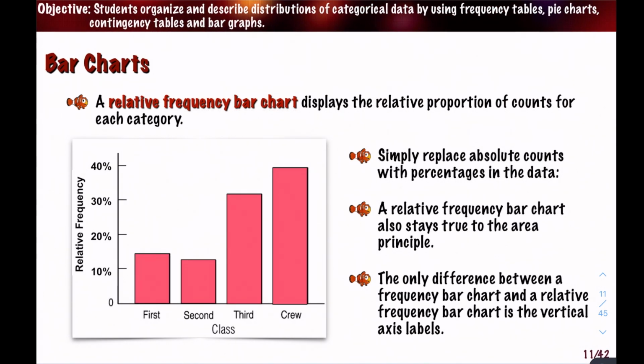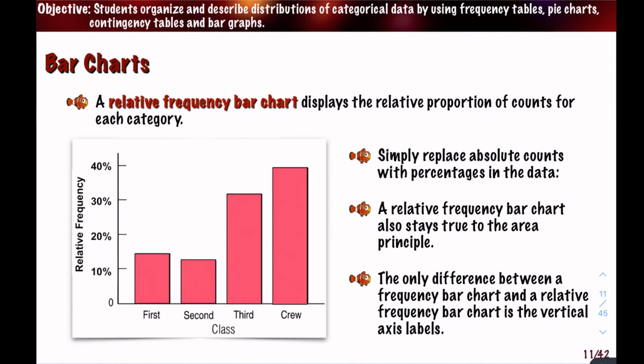With bar charts, you could also represent this with a relative frequency bar chart, and that is the display of the relative proportion of counts for each category. If you think relative, I want you to think percentages. If we're just talking about regular bar charts, we're talking about the frequency or the counts. So simply replace absolute counts with percentages in the data for a relative bar chart.